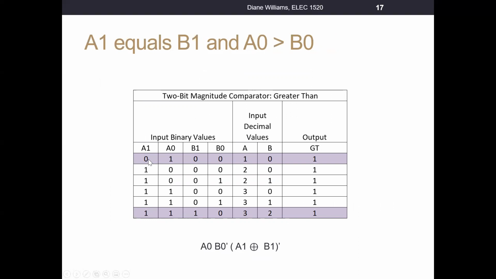So here, when A1 is equal to B1 and A0 is greater than B0, then A is greater than B. In this case, when A1 equals B1 and A0 is greater than B0, then A is greater than B. We are doing bitwise comparisons, comparing positionally like bits to positionally like bits. We compare the B0s to the A0s, the B1s to the A1s.